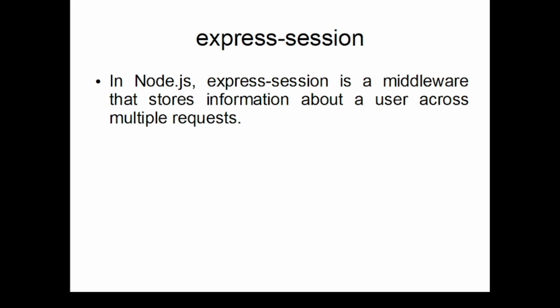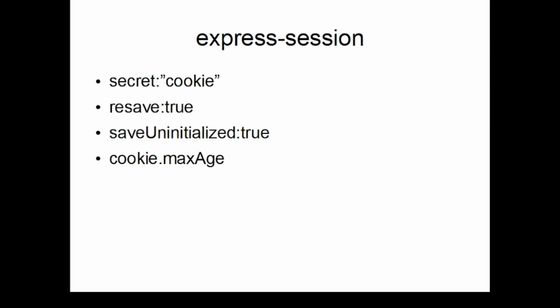Express session solves this by giving you a unique session ID stored in a cookie on your browser while the actual session data is kept on the server. This allows the server to remember things like your login status, your preferences, or items in your cart as you navigate between different pages.